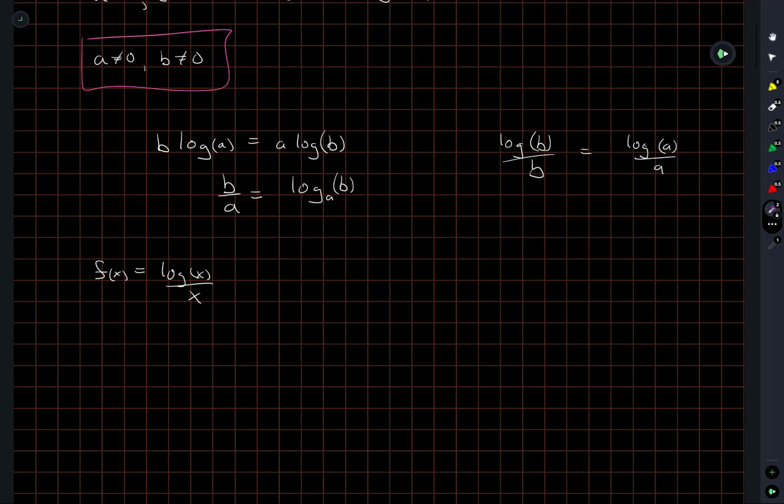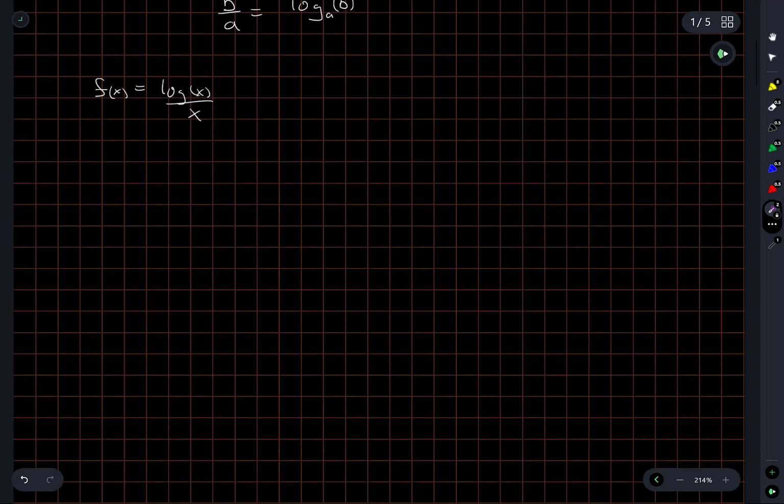So what does this look like? Okay, well, let's just sketch some key points here. It's probably going to go down to negatives like this. When x is equal to 1, this thing is equal to 0.